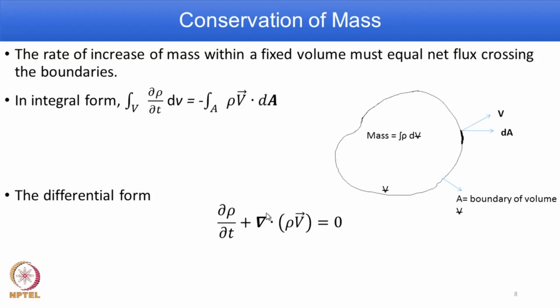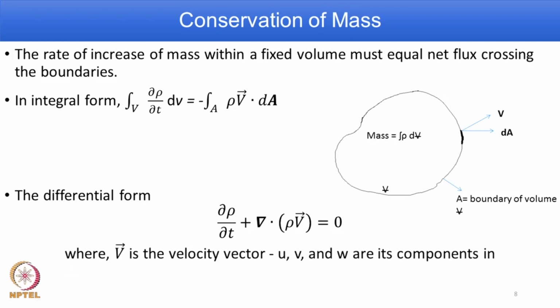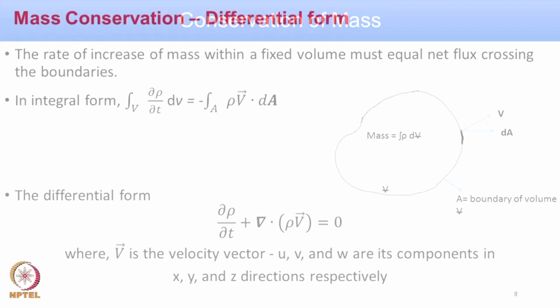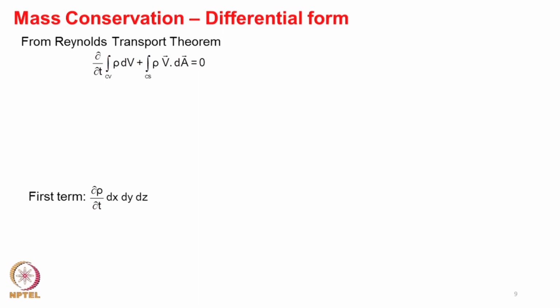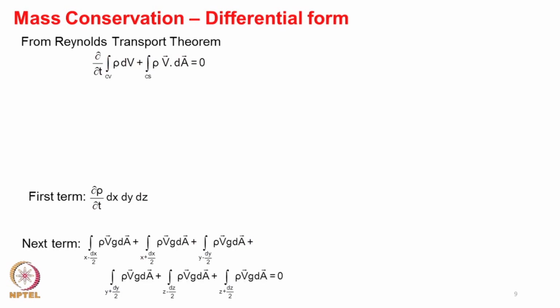We have already seen these different operators. V is a velocity vector, and in the Cartesian coordinate system you have u, v, w as the components of the velocity. We have already seen this, and we will now see it in detail.